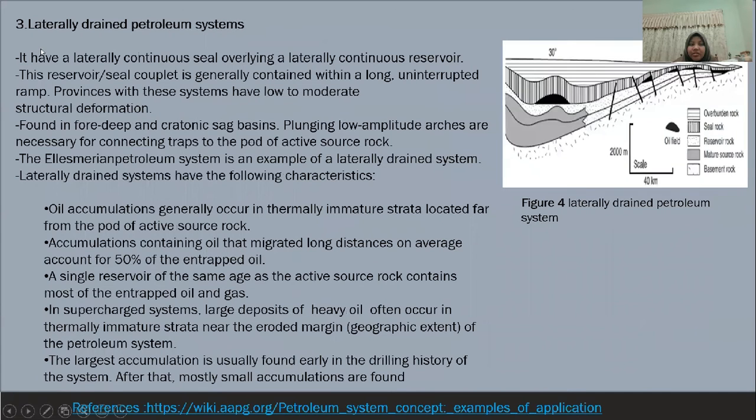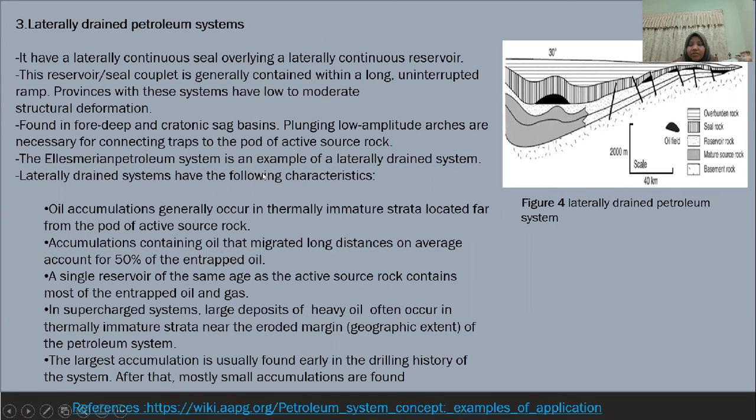Next is the laterally drained petroleum system. It is generally contained within a long, uninterrupted ramp. Provinces with this system have low to moderate structural deformation, and we can find it in foredeep and cratonic basins.